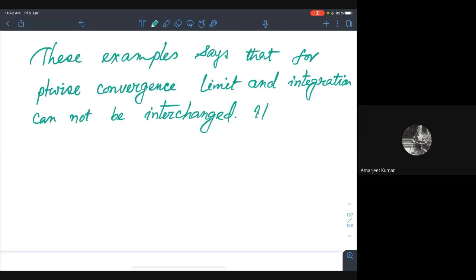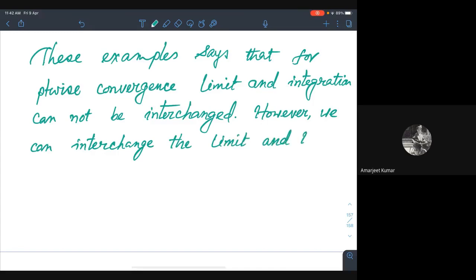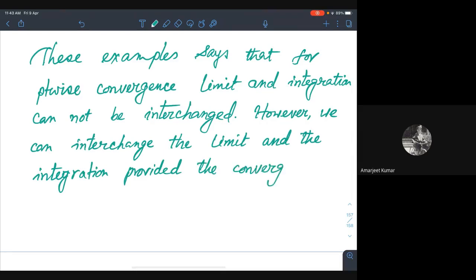However, we can interchange the limit and the integration provided the convergence is uniform.